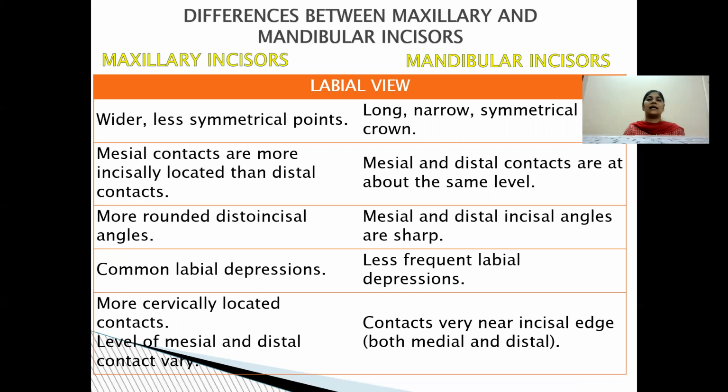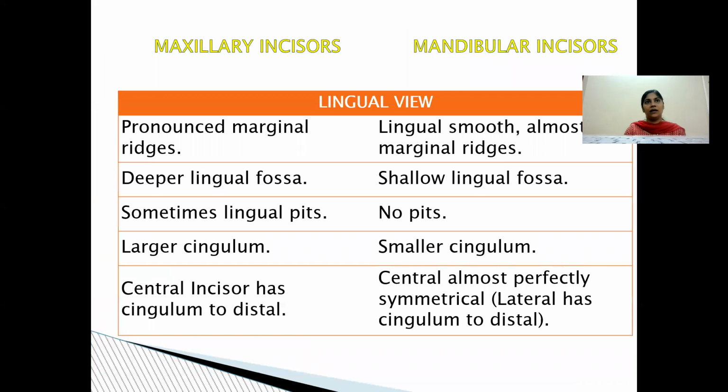That is, mesial incisal and distal incisal angles both are sharp. In maxillary, the distal incisal angle is rounded. There are less frequent labial depressions, which are a characteristic feature in the case of a maxillary permanent incisor. Contacts are very near the incisal edge. Both the mesial and distal contact areas are more incisally placed.